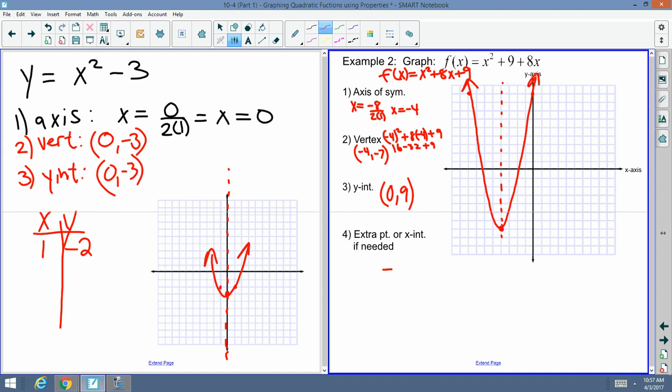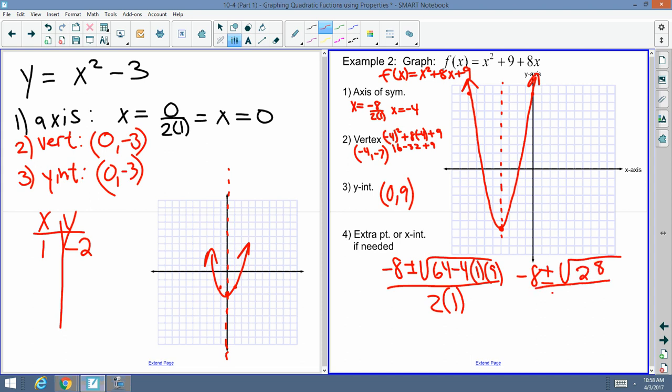So I'm going to go negative b plus or minus the square root of b squared minus 4ac, over 2a. So this is going to equal negative 8 plus or minus the square root of 64 minus 36, which is 28, over 2. So this is negative 8 plus or minus 2 square root of 7 over 2.